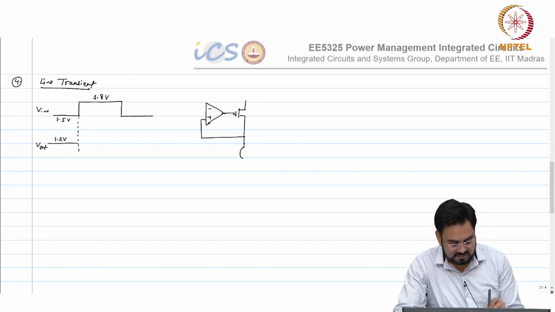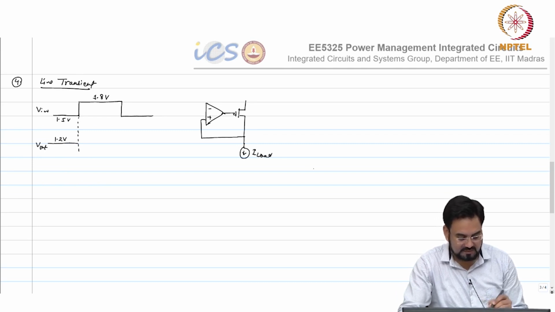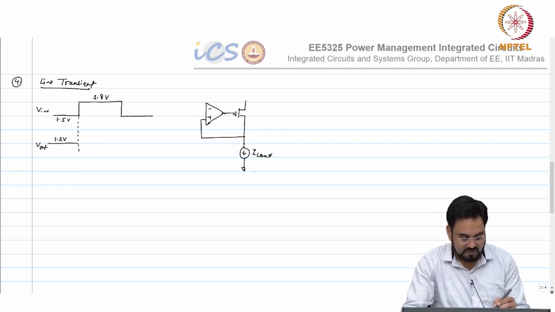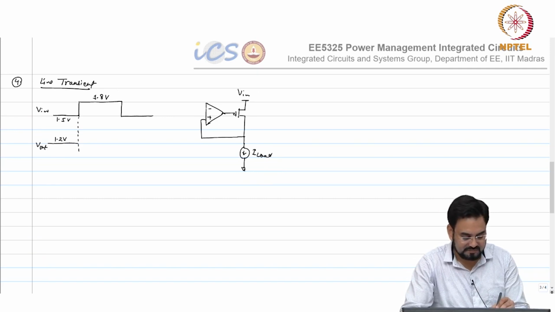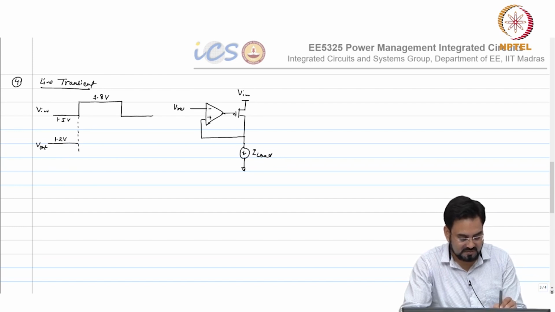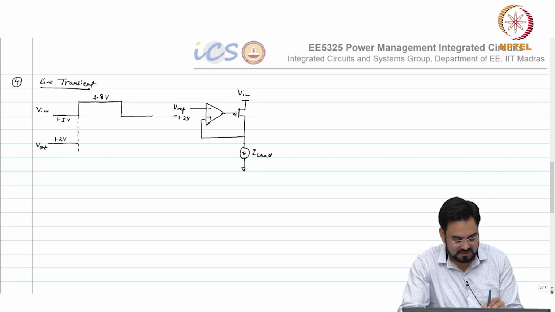This is my I load, and this is your V in. This is your V ref, which is, let us say, 1.2 volt. So V out is also 1.2 volt.